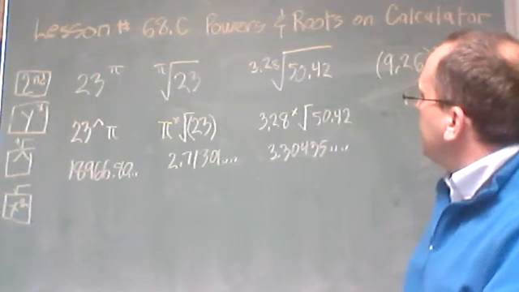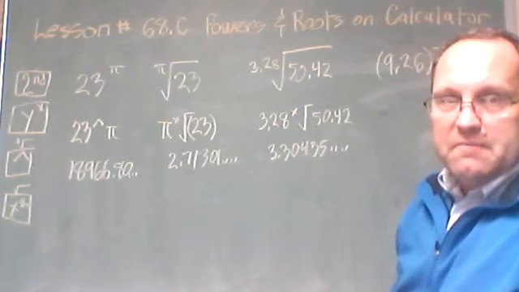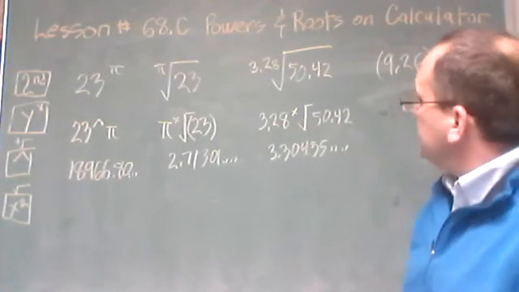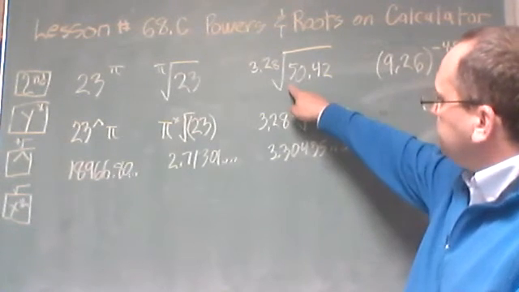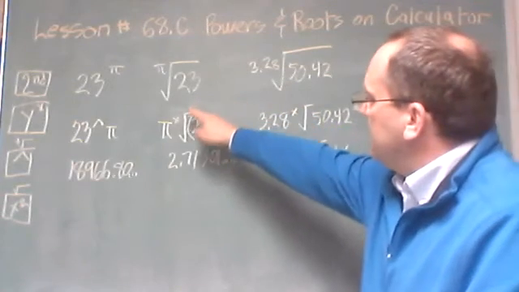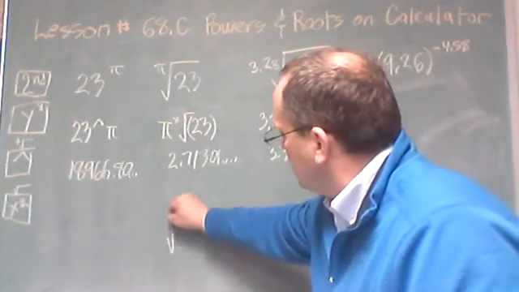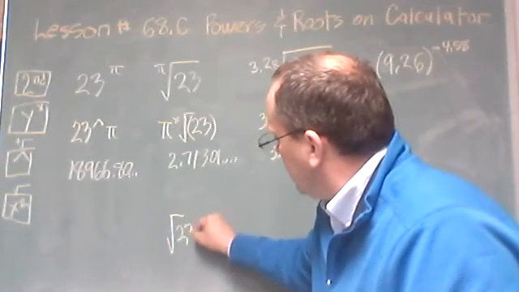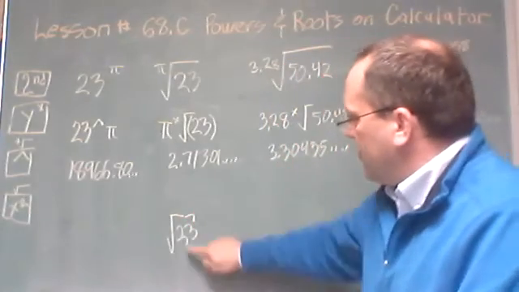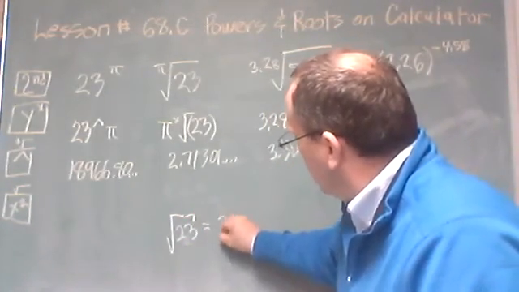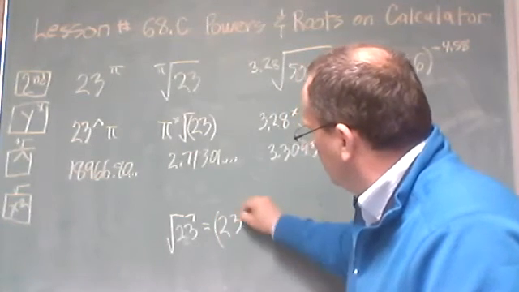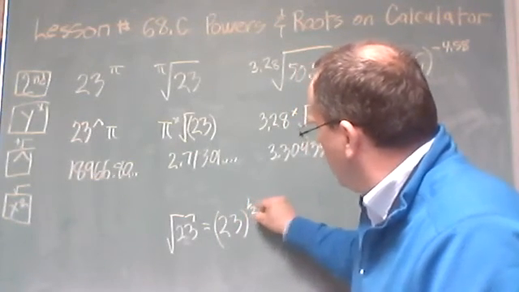Okay. Now, another thing to keep in mind, if it's important to you, is we can express a regular square root, such as the square root of 23. Remember, according to our rules, we can also express that as 23 to the 1/2 power.